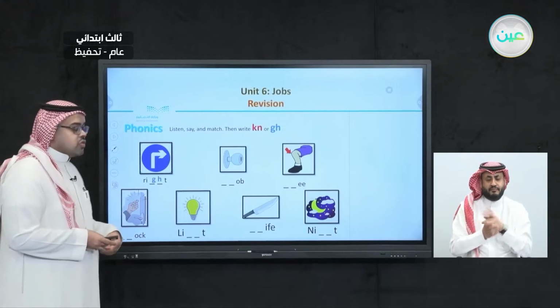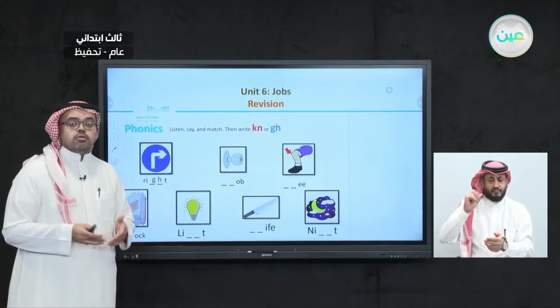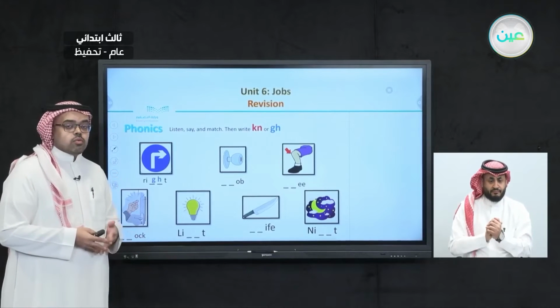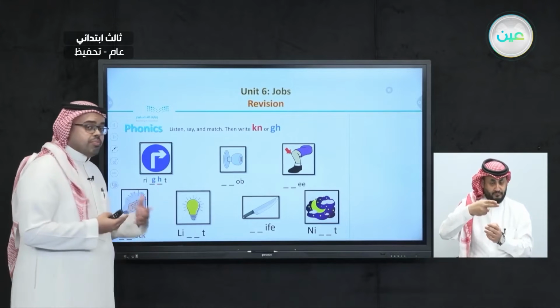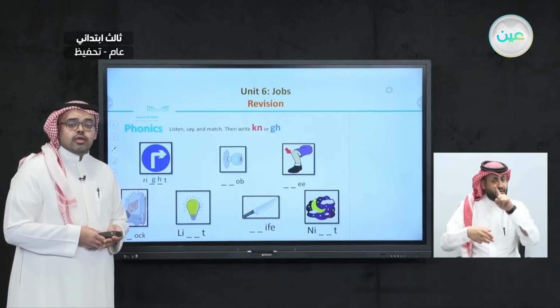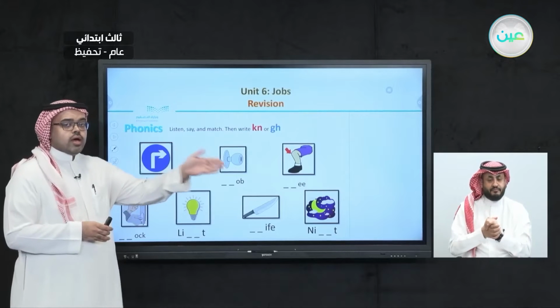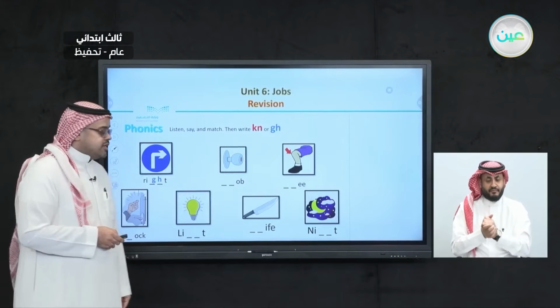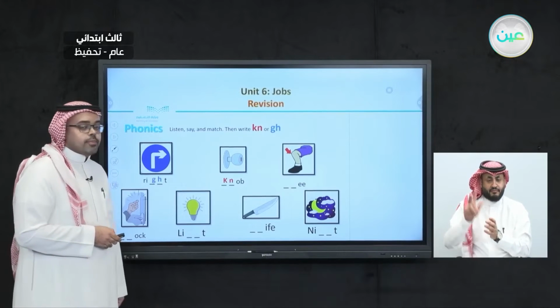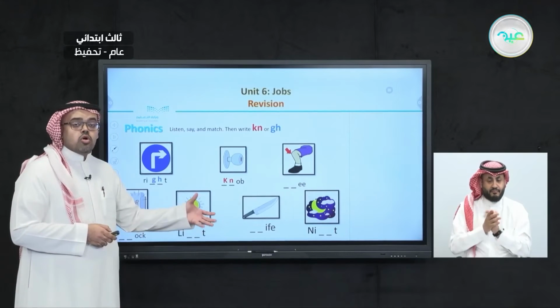like for example the word right. In this word we did write G and H, but we don't pronounce them. We say right, go right. And also another example we learned last time, which is knob, a doorknob.